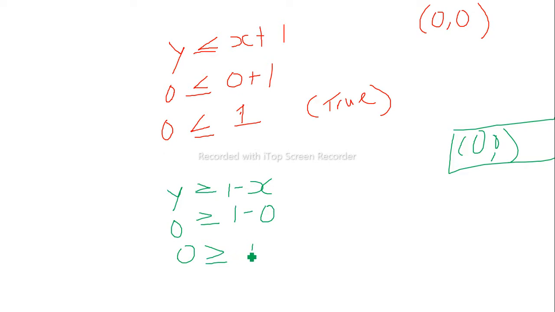What's this saying? 0 is greater than or equal to 1, but that's false, right? Because how could 0 be greater than 1?